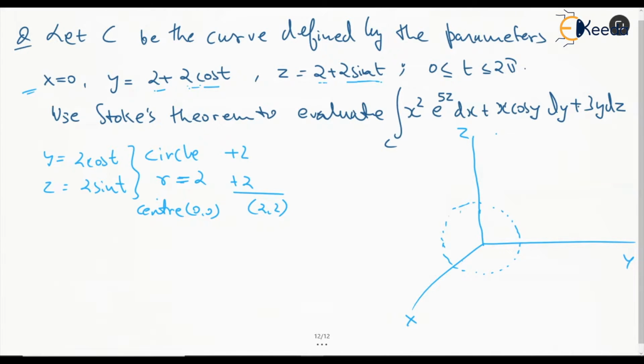But now it is shifted to 2, 2. Let's say this is 2, 2, the center of this circle, and now this circle will become like this.